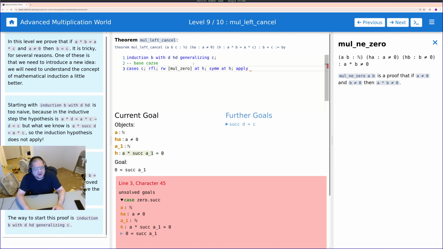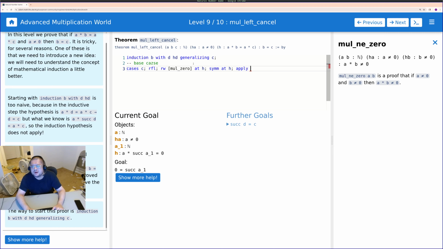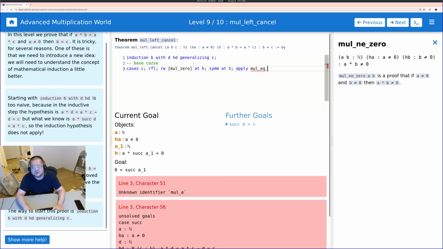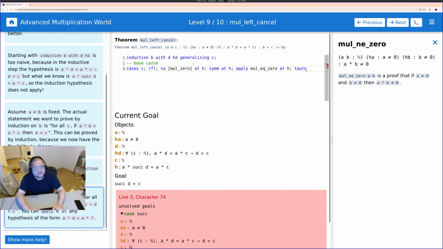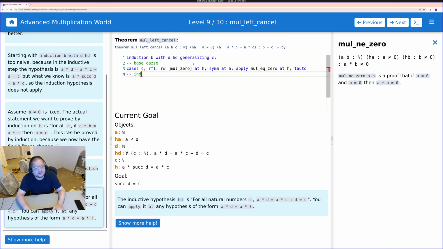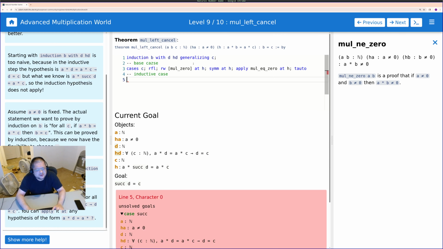And then apply multiply equals 0 H. Okay, that's base case. Inductive case.